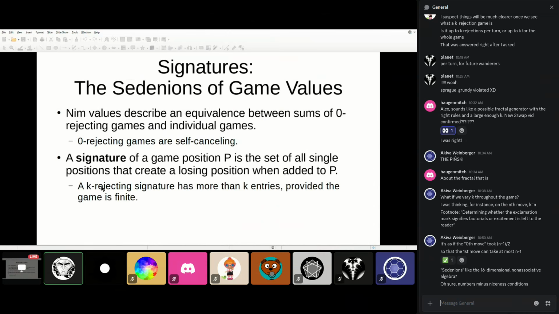So a signature for a k-rejecting game has to have more than k entries, by the principle that I showed you on that other diagram, because if there's only k of them, then for a sufficiently large game, there always have to be more than k losing moves available, irrespective of any other positions.